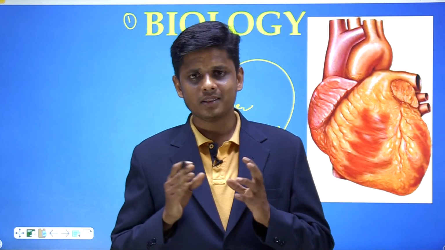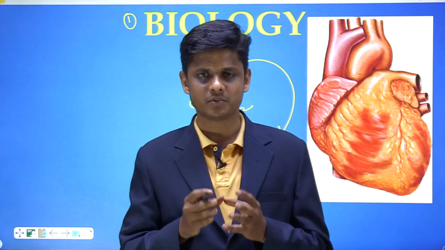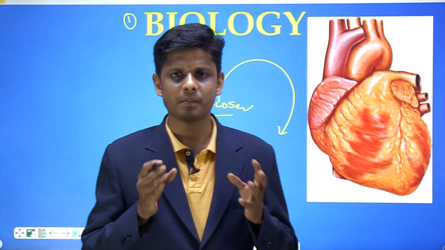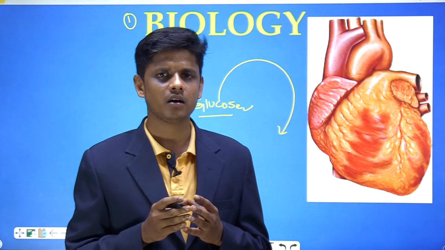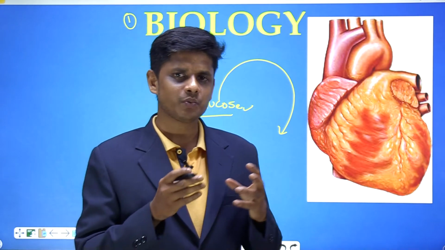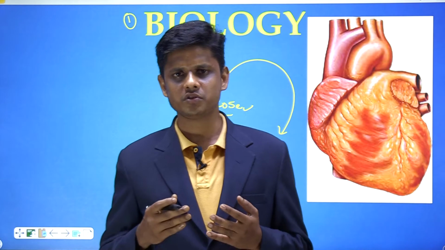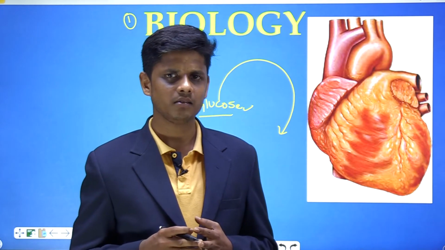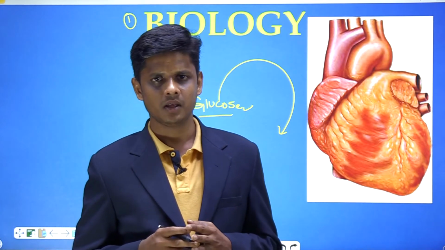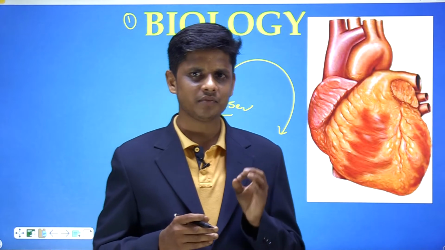So there is a need of some substance, or some media, to transport the glucose to different parts of the body. And here I am saying that for the transportation of the glucose produced in the small intestine, blood is needed, because blood is a fluid connective tissue.